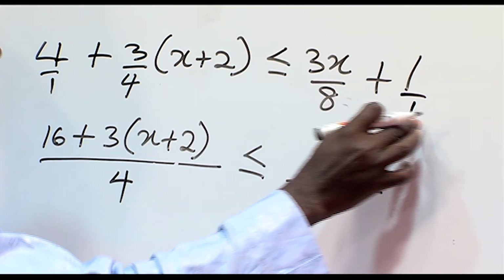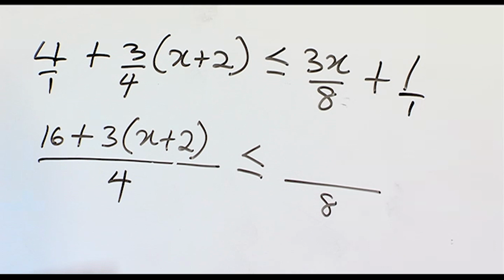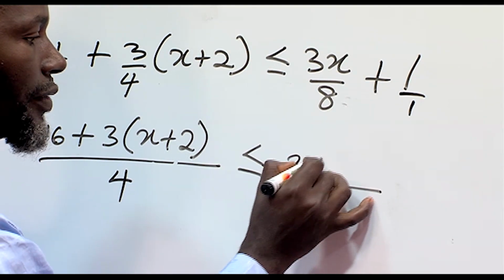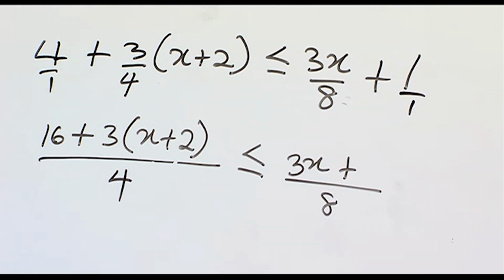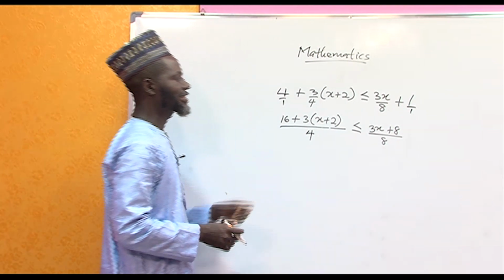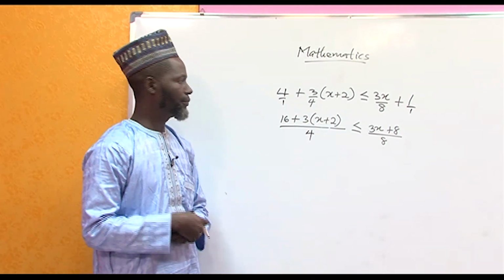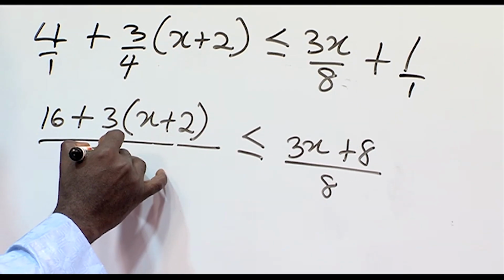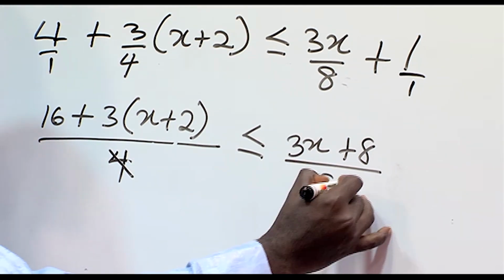The LCM of 8 and 1 is 8. 8 into 8, 1, 1 times 3x, 3x. Plus 1 into 8, 8, 8 times 1, 8.